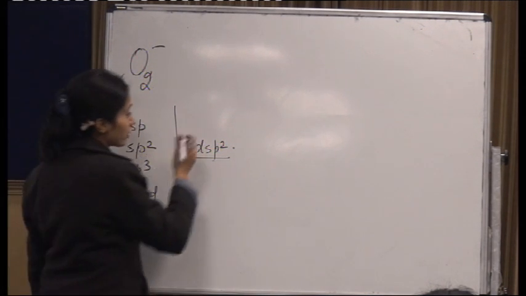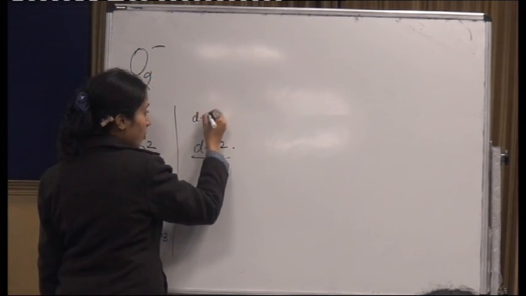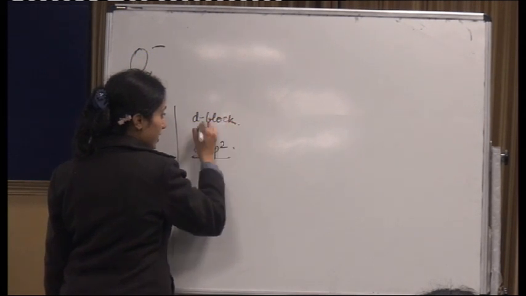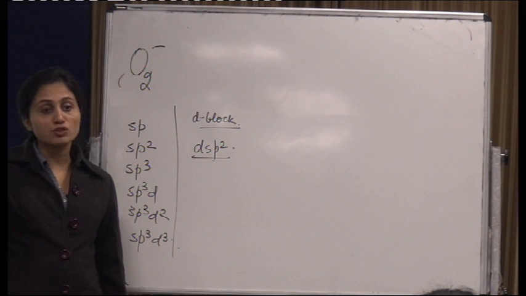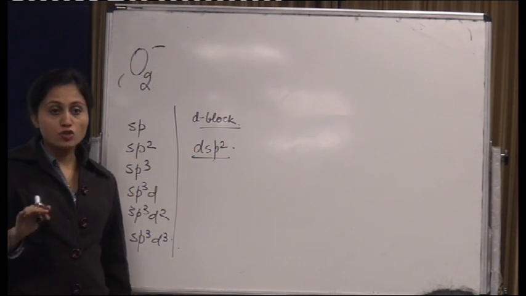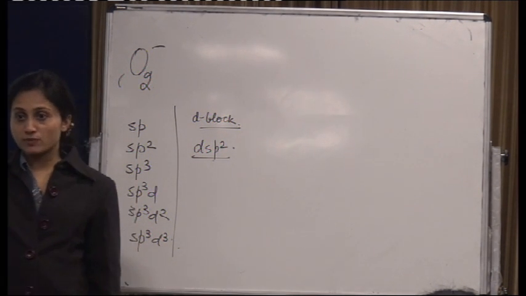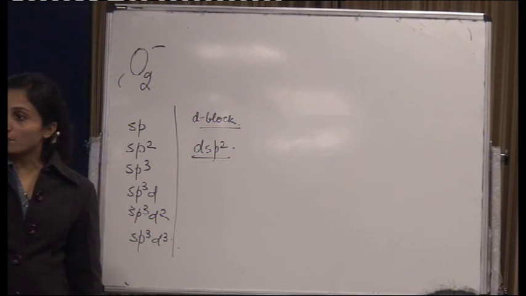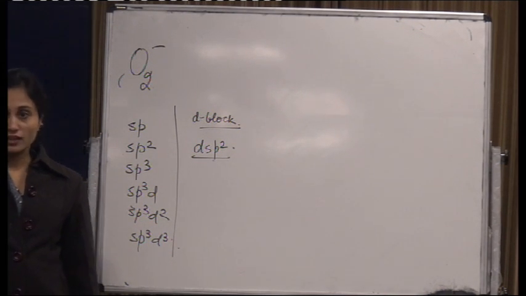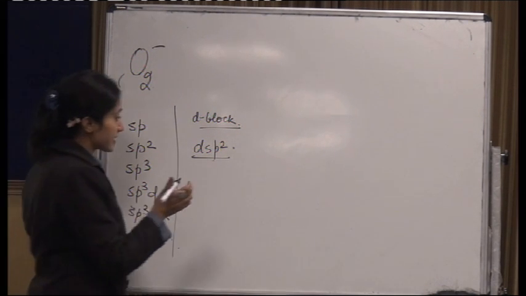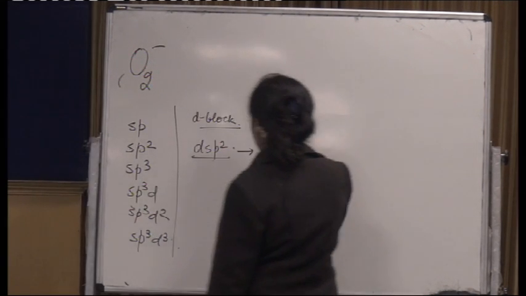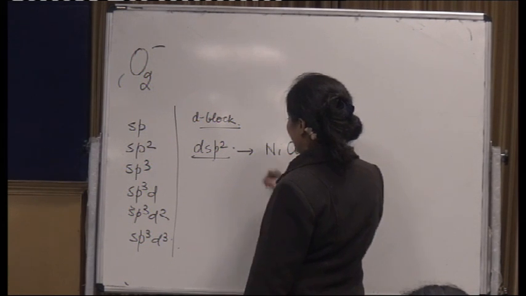Let me tell you, this is generally possible for the d block elements which are not in your course right now. D block elements are the transition elements in which your d orbital is getting filled up. So any kind of shifting of electrons will happen from the d orbitals. Till now you were shifting p to d, okay? So any kind of shifting will happen from the d orbitals. So in this case, dsp2 happens in case of NiCl4 or something like that.